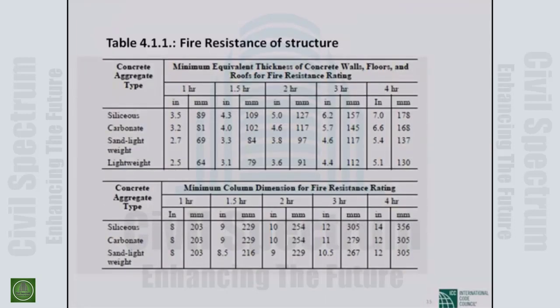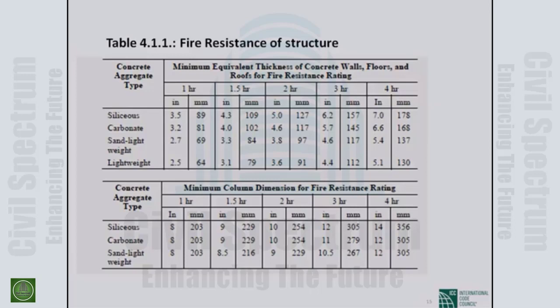This is table 4.11, it's a fire resistant rating of the element, which is just explained in the ASCE 29. This table is taken from that. If you see the table, you can see the different type of concrete element and their composition and their fire rating, the thickness of the element and the corresponding fire rating.